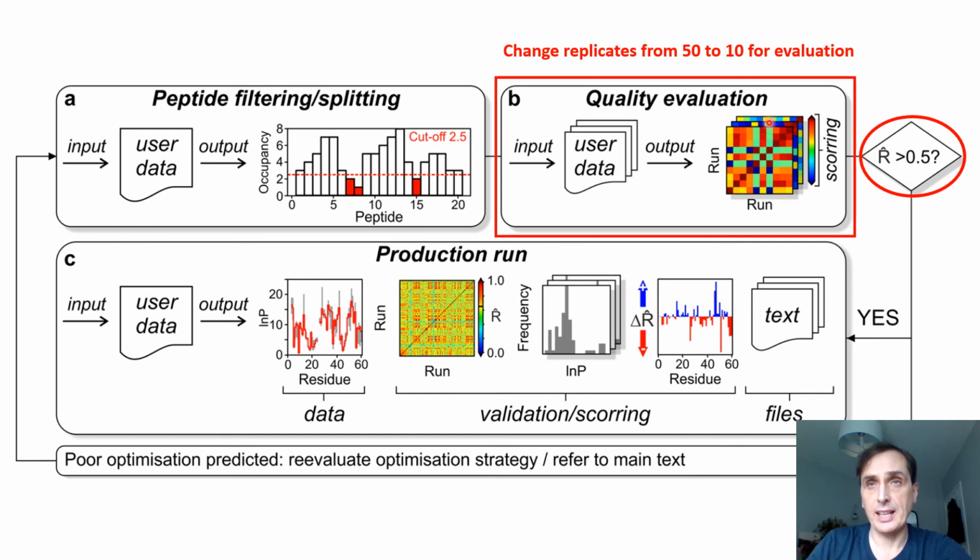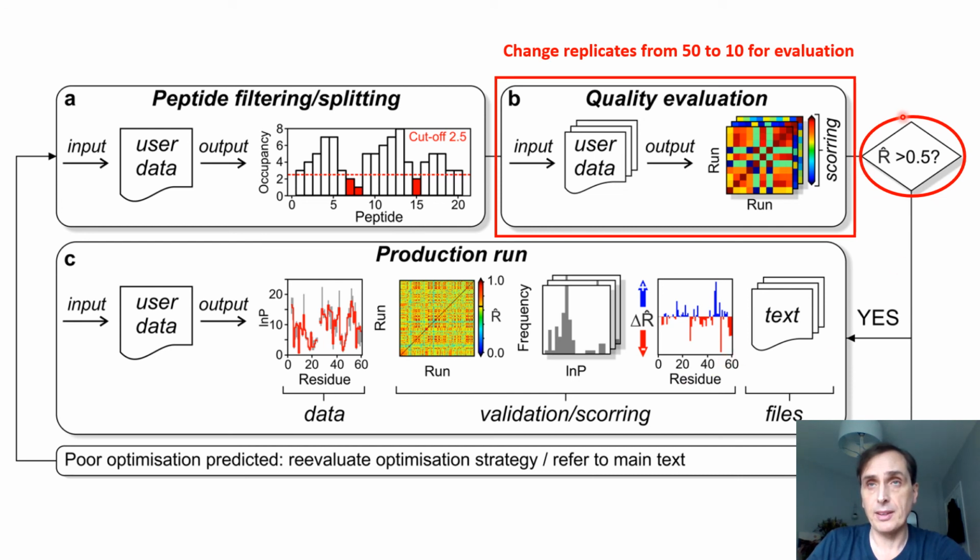And if your data doesn't yield that score, then you need to go back to this peptide stage again, see if you need to delete some peptides, perhaps look at the peptide errors, see if there's a problem there. And if this can be addressed, then you can proceed with a production run.